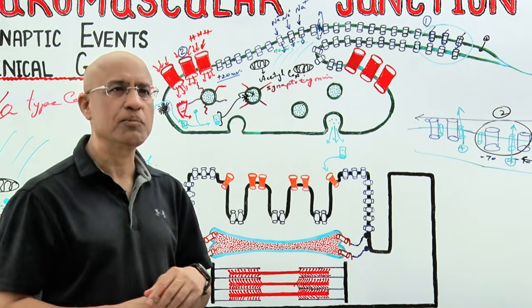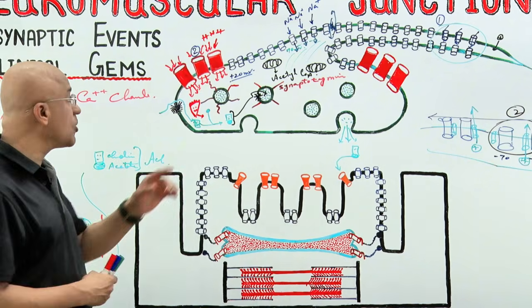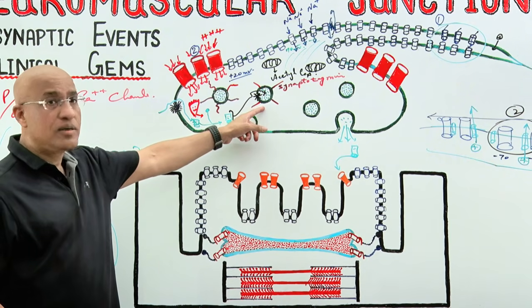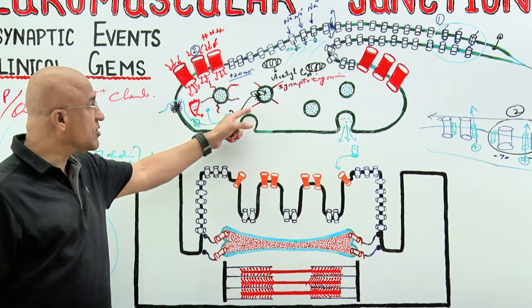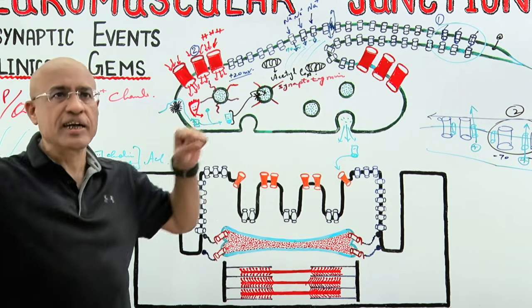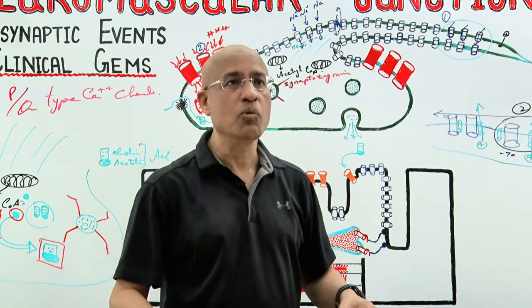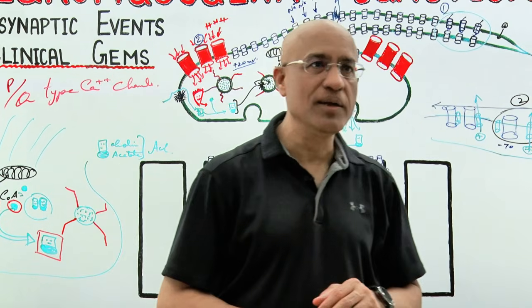Why am I talking so much about synaptotagmin? Because as long as no stimulus is here, no calcium is here, these synaptotagmins are in a very active state and do not allow the vesicle to fuse with the other membrane.